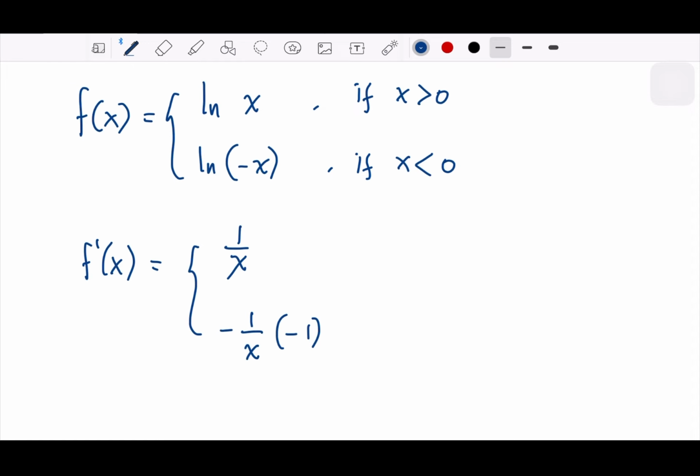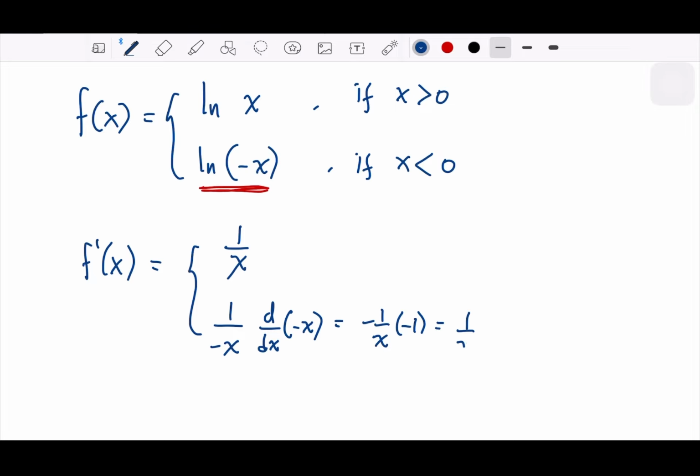The chain rule. Okay. So here, let me write clearly. This is the function ln of minus x. So we differentiate that, it becomes 1 over negative x. And I need to multiply with the derivative of negative x, which is negative 1, and it goes to 1 over x. Okay.